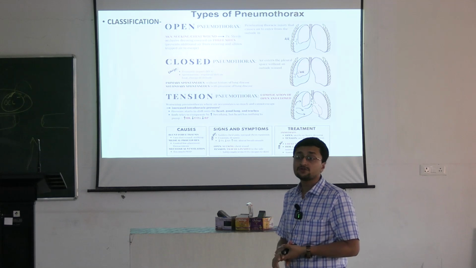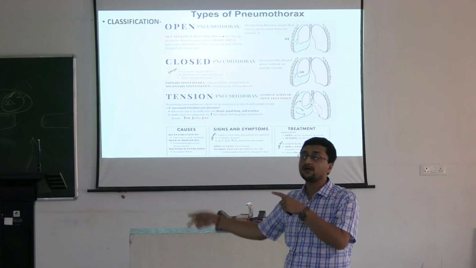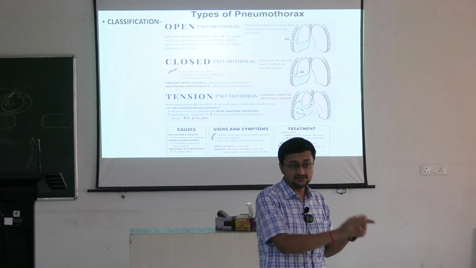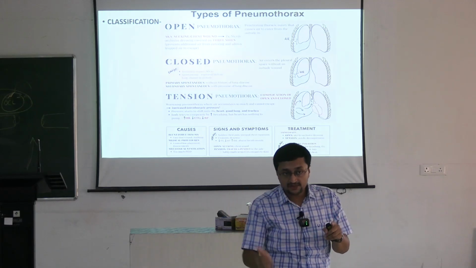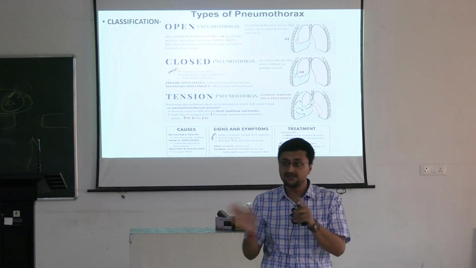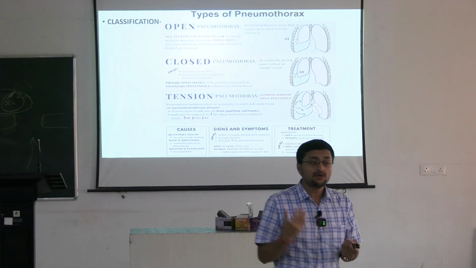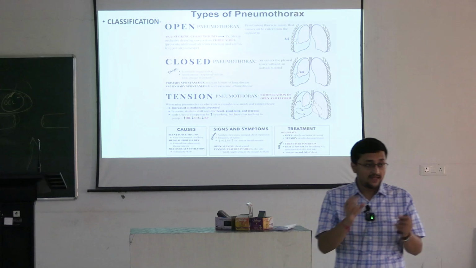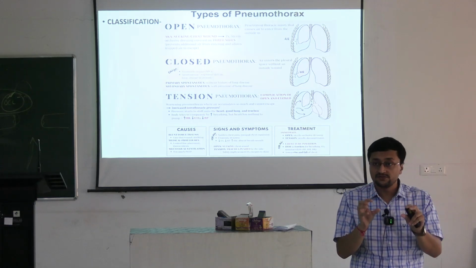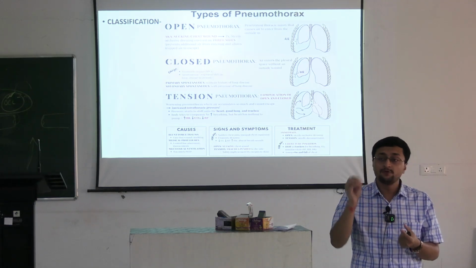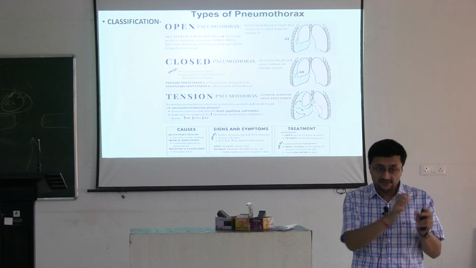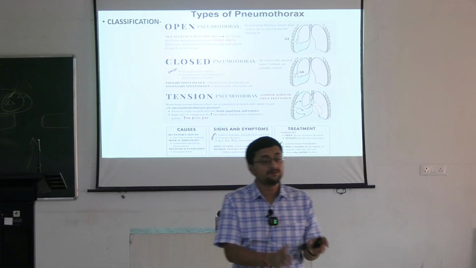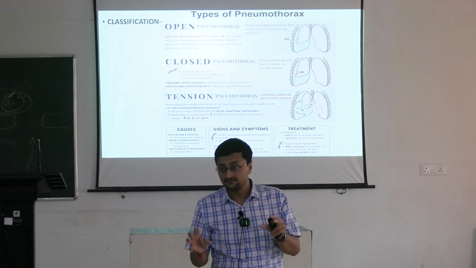Second one is closed pneumothorax. That means there is no connection from the outside to the inside of the lungs. The pleura is sealed from the outside and inside. So what will be the mechanism? There are certain air containing spaces, which are called blebs or bulla or cyst. These are the different types of air containing spaces.